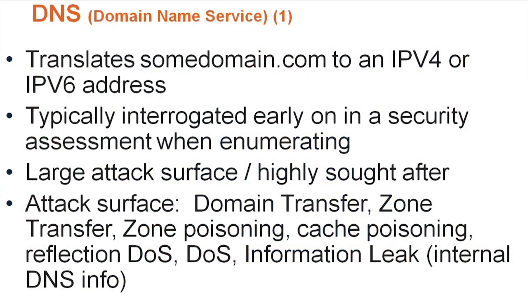We translate domainname.com to an IPv4 or IPv6 address. So there's two types of IP addresses. There's IPv4, which has been exhausted earlier this year in 2015. I think it was in August officially. And then IPv6 addresses are now all the rage.